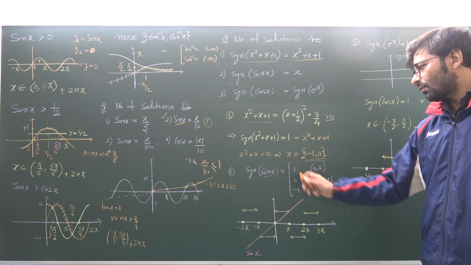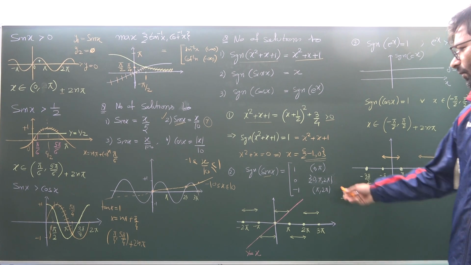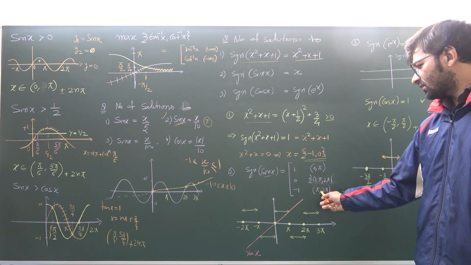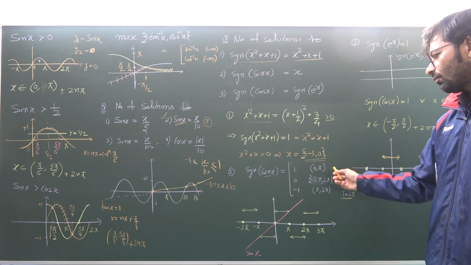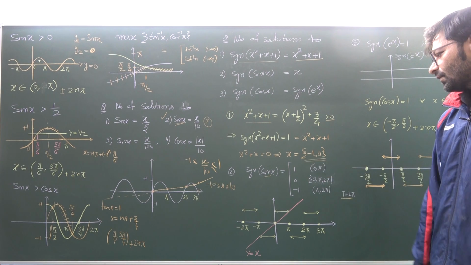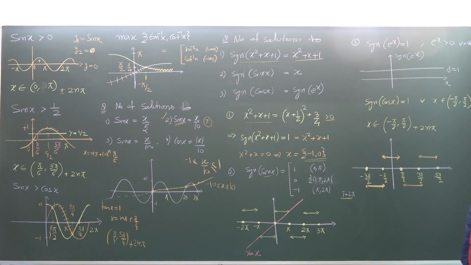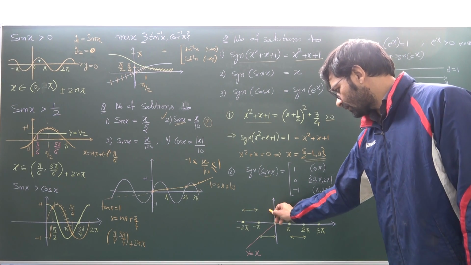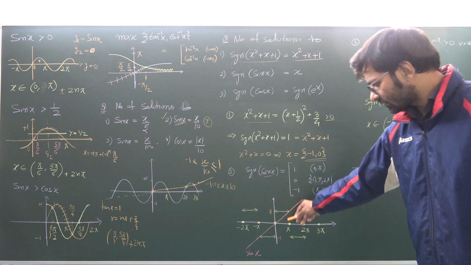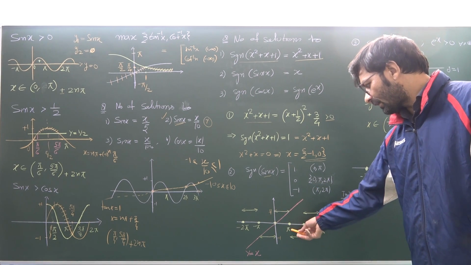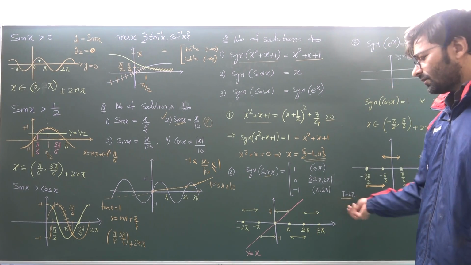Because the period is 2 pi, I need to consider only from 0 to 2 pi. First and second quadrant +1, third and fourth quadrant -1, and at 0, pi, 2 pi the value is 0. This is the graph of signum of sin x. This is +1, this is -1, period is 2 pi, this is 0 to pi, and pi to 2 pi is the third and fourth quadrant, then again the rest of the things are easier.